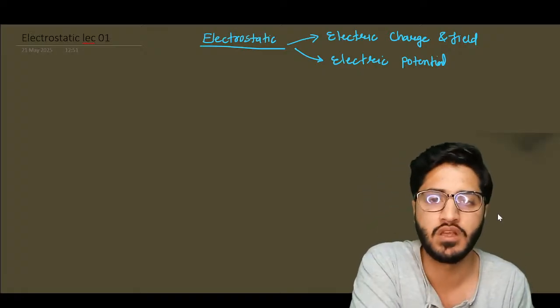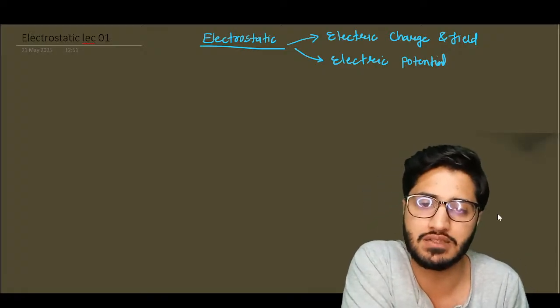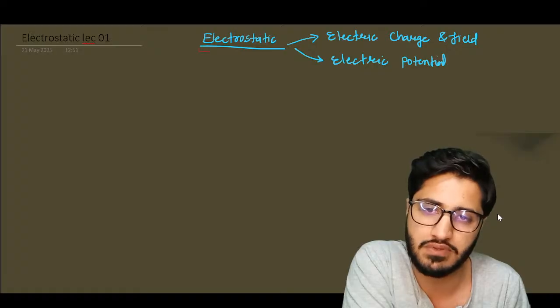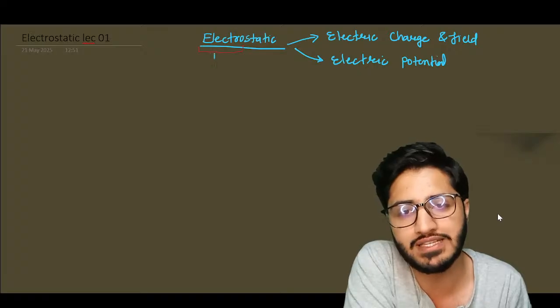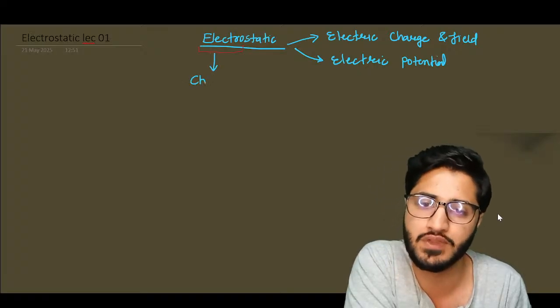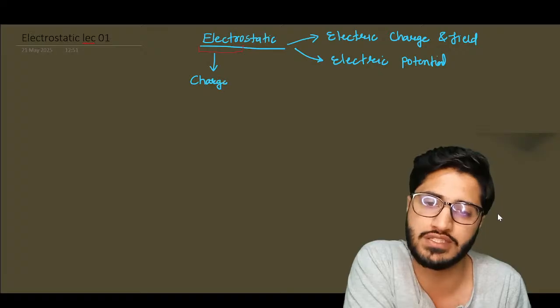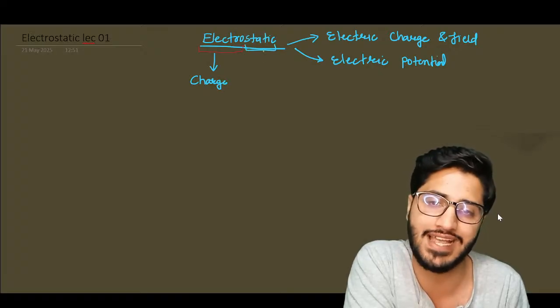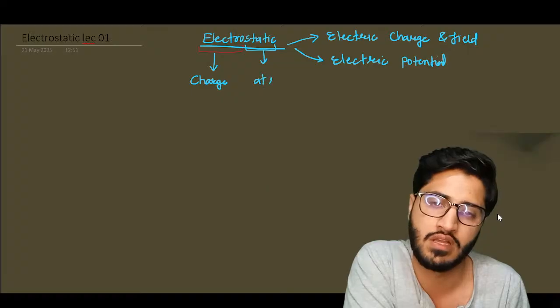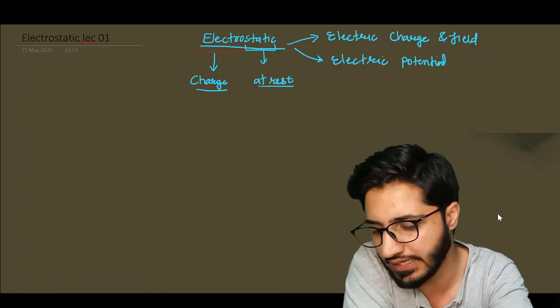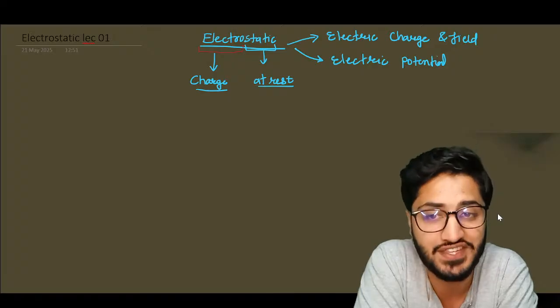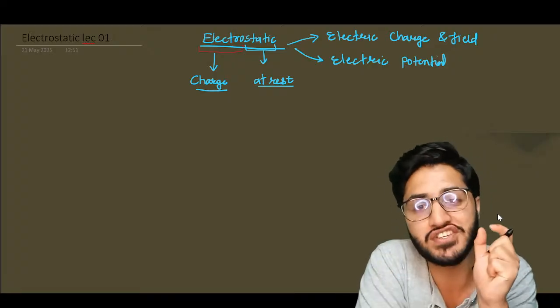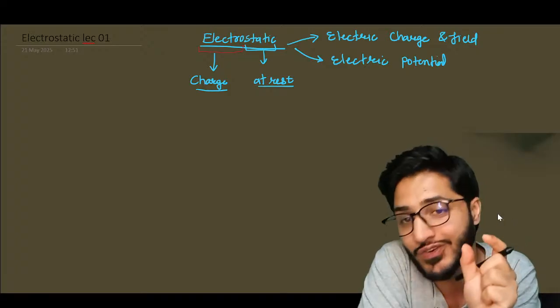Electrostatic is made from two different words. The first part is electro, and electro means charge. Static means at rest. So this name gives us the hint that in the whole chapter we will be discussing charge, but the condition is that the charge should be at rest only.